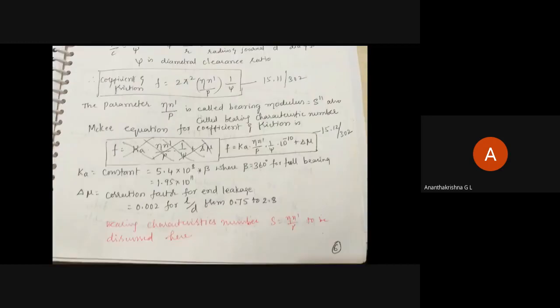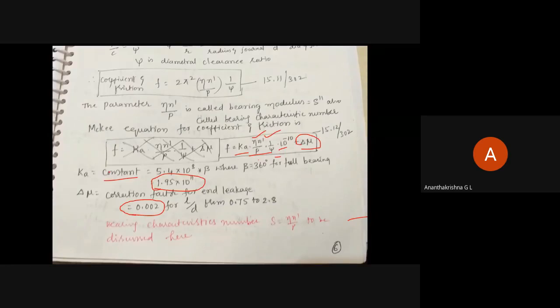Okay. And then we have got Mackey equation given by K into A, eta, n dash, eta or mu, they are one and the same, absolute viscosity. Eta n dash by P into 1 by Xi into 10 power minus 10 plus delta mu. So where Ka is a constant, we take it as 1.95 into 10 power 11, and the correction factor for end leakage delta mu is given by 0.002.